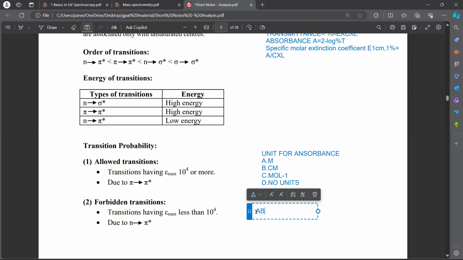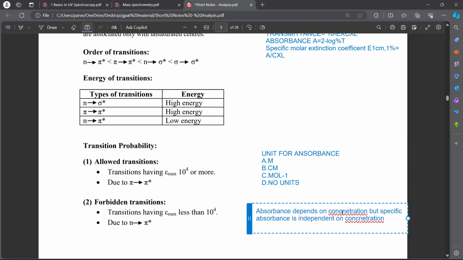So absorbance depends on concentration, but specific absorbance is independent of concentration.